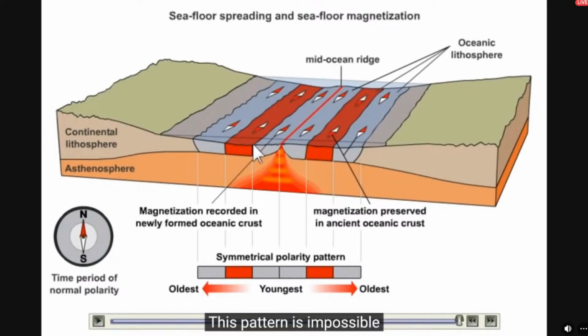This pattern is impossible to explain if seafloor spreading didn't actually happen and the Earth's magnetic field didn't flip back and forth. So it constitutes some of the best evidence we have that the seafloor is actually spreading over geologic time.